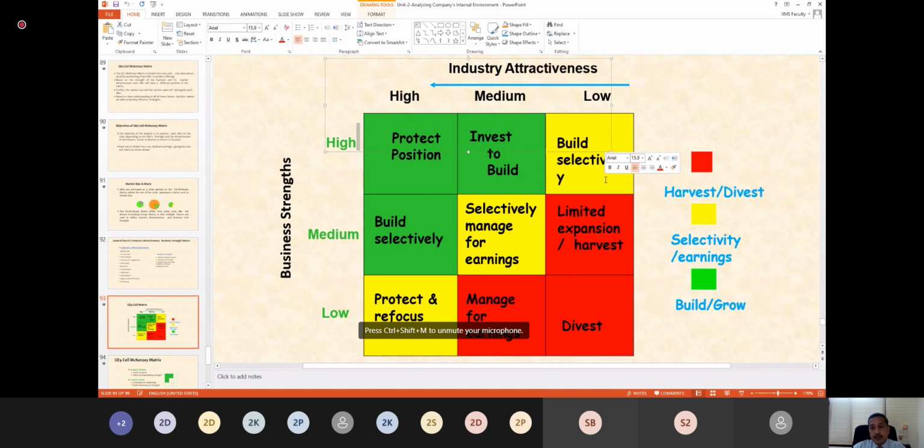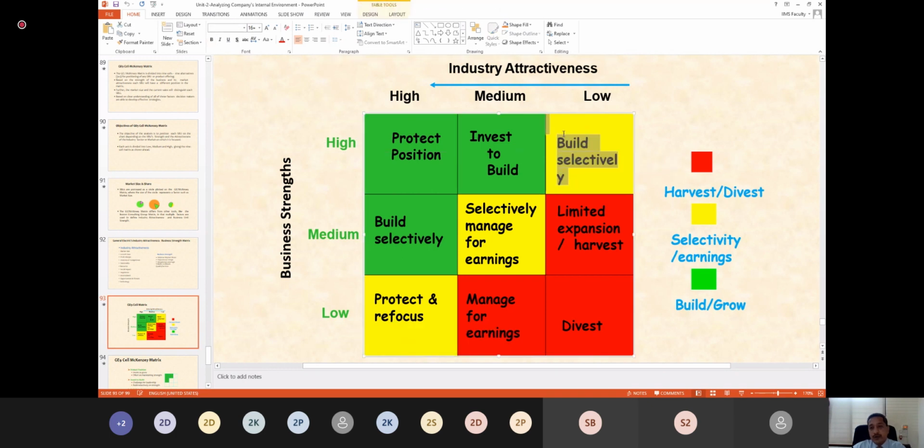Another yellow zone category we can see on the right top of this table, wherein the characteristic of this category is that the industry attractiveness is very low. Industry is not much attractive for such kind of business. However, we have very high strength for such business.